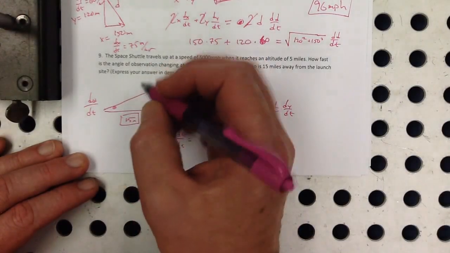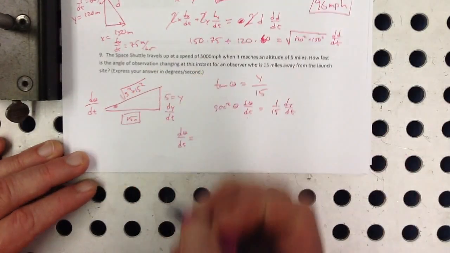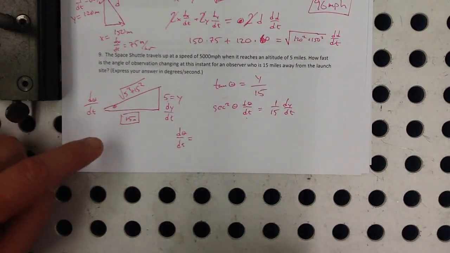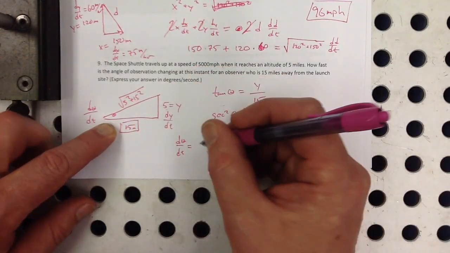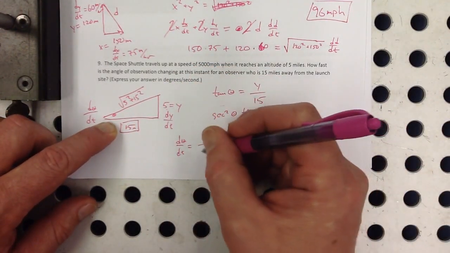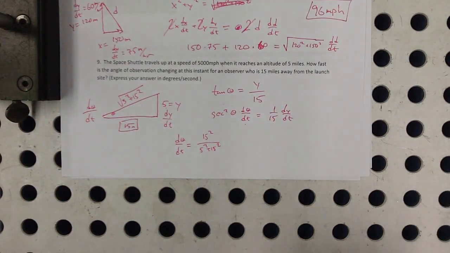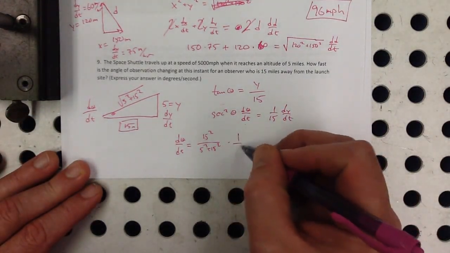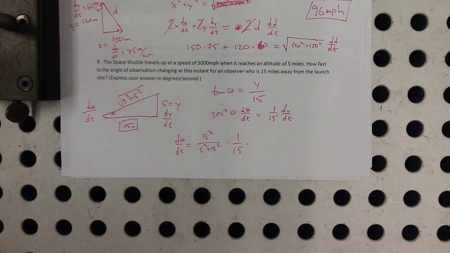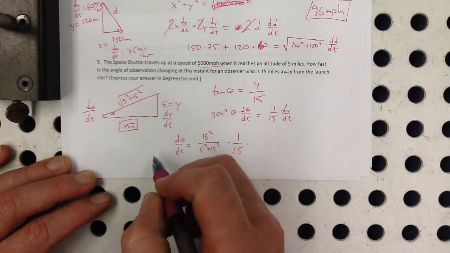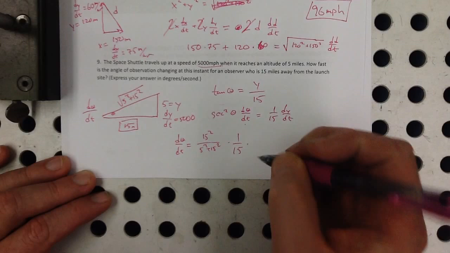The hypotenuse of this would be the square root of 5 squared plus 15 squared. So cosine of that angle is adjacent over hypotenuse. Cosine squared is this squared over that squared. So that's 15 squared over 5 squared plus 15 squared, that's the cosine squared, times 1 over 15 times dy/dt. dy/dt is 500 miles per hour.